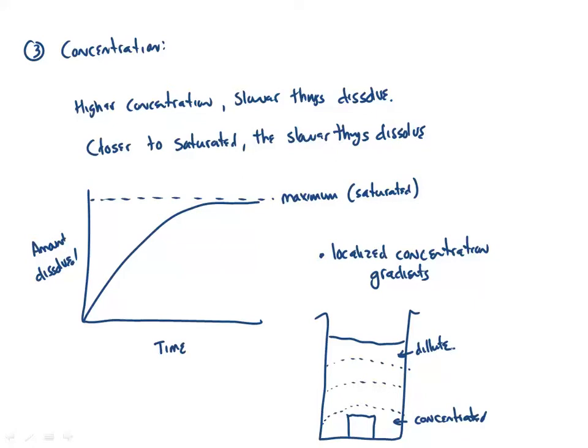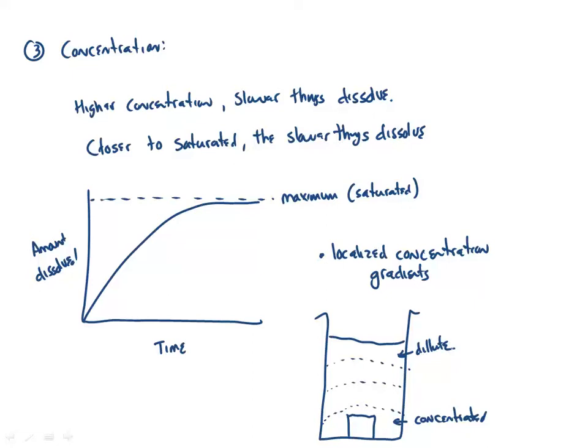Meaning that right near the solid there's a lot of dissolved sodium chloride, for instance, but far away from the solid there's very little dissolved. Have you ever, for instance, just taken a glass of water, if you dump some sugar in it, you can actually see where the sugar solution is at the bottom and it's more concentrated. You can do the same thing with salt and show where you can see the layers where there's different amounts of salt dissolved in the water.